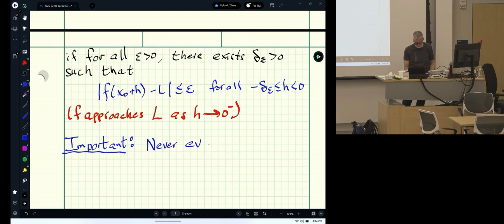Never evaluate f at x0 when computing limits.